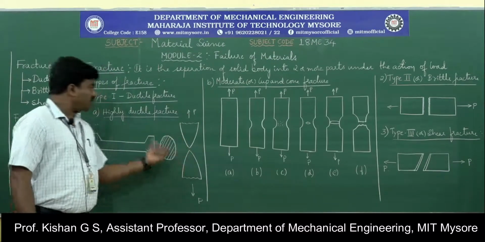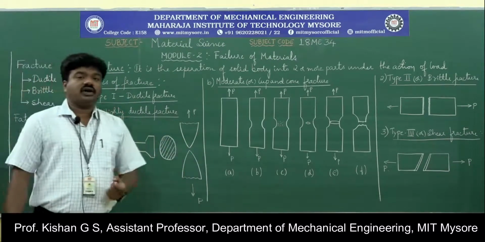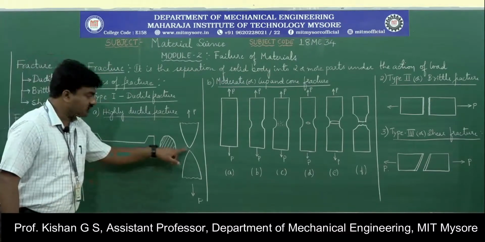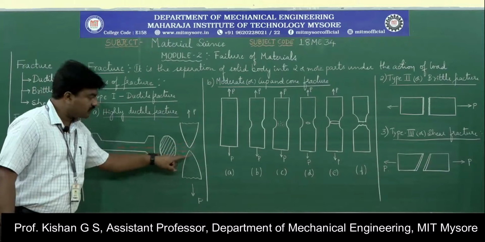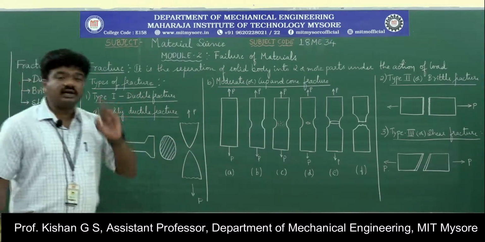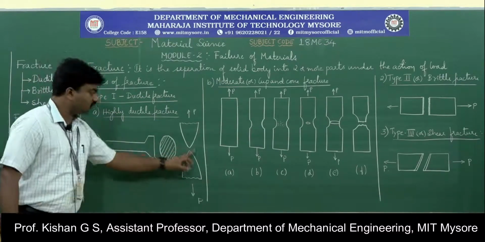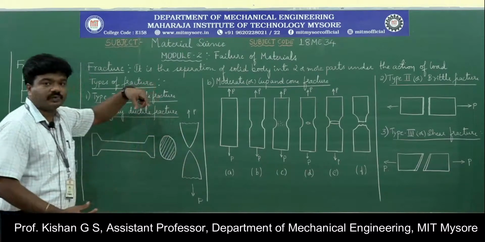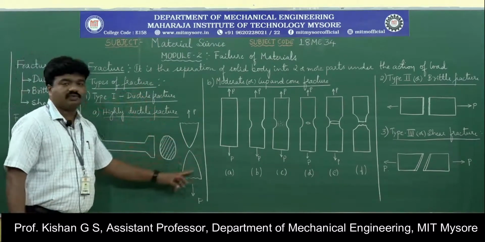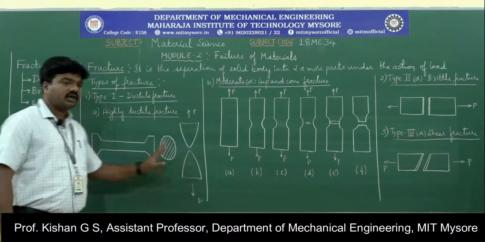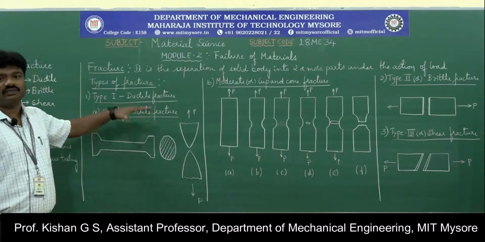Here specifically in highly ductile fracture, when the reduction of area is exactly at a point, means to say that when this particular point of focus is taken, if the reduction in area is 100% at one particular point of time, that leads to the separation of the material into two pieces, and that particular type of fracture where 100% reduction is seen at one particular point is called highly ductile fracture.